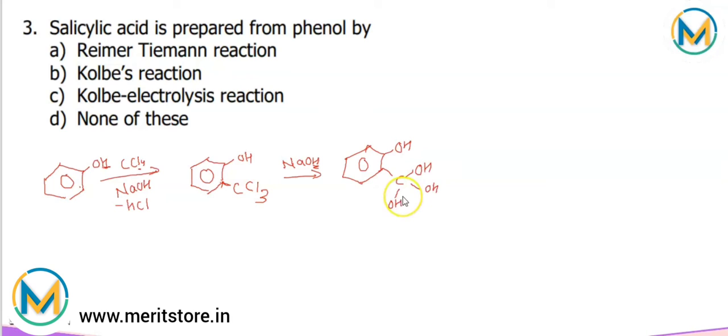Now we know if the carbon has 2 OH groups, we remove H2O from it and make a carbon double bond. So let's make this, and that will remove water, that is dehydration. So we are going to get this benzene ring with OH as it is, this carbon with one carbonyl group, and now this OH remains as it is.